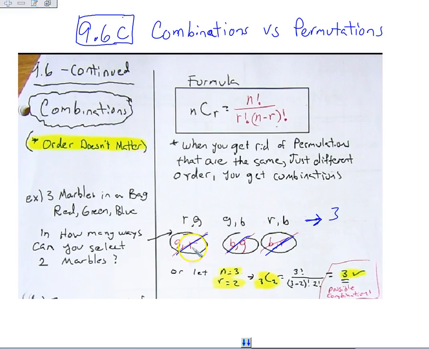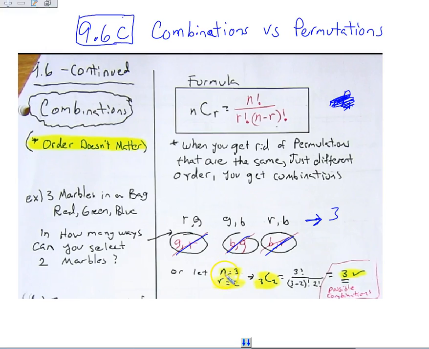So when the order doesn't matter, red, green, or green, red is the same thing, then we can use combinations, n choose r, as opposed to the permutations nPr, which is the subject of the previous video. So let me show you how this works.